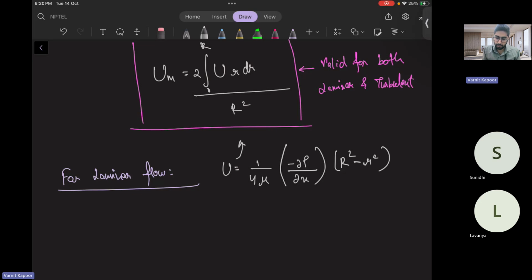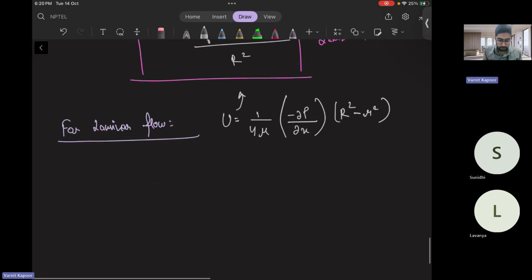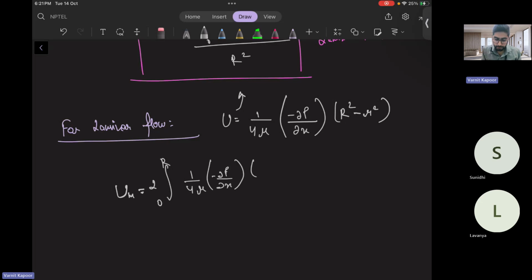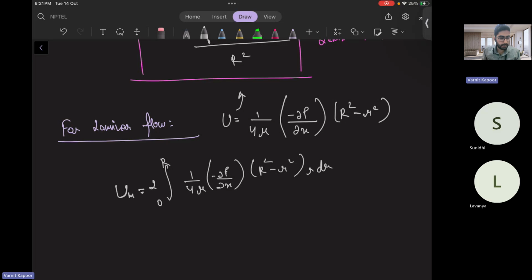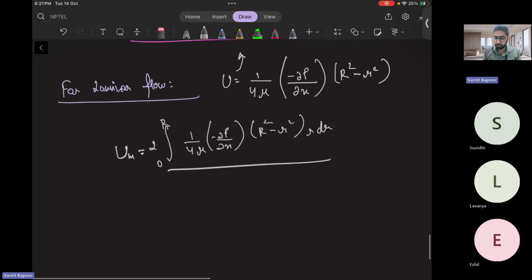Put this above. So u mean will come out to be 2 times integral from 0 to R of 1 by 4 mu, minus dp by dx, into R square minus r square, into r dr, on integration, divided by R square.